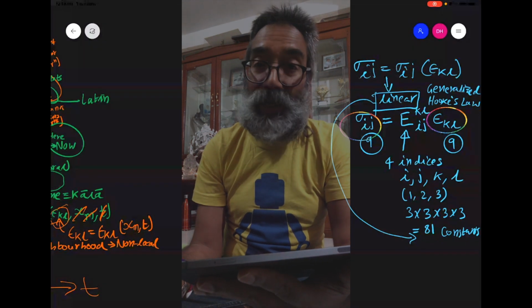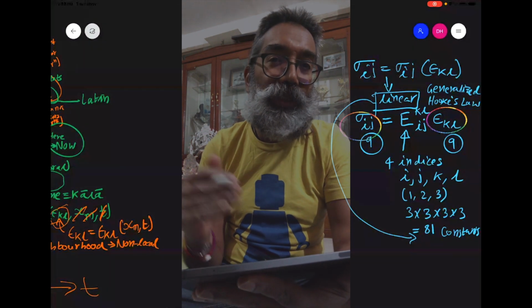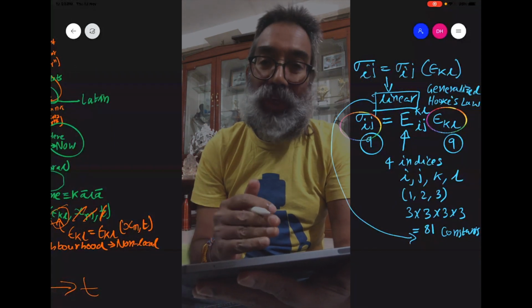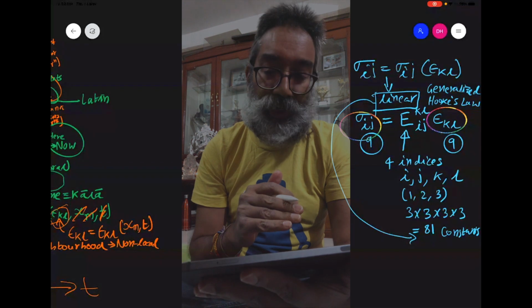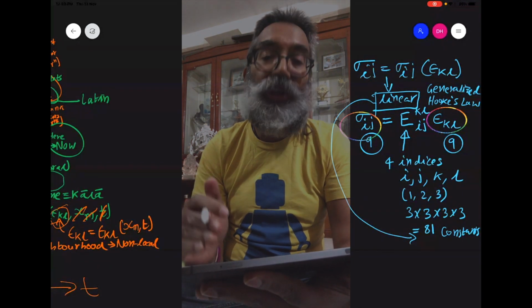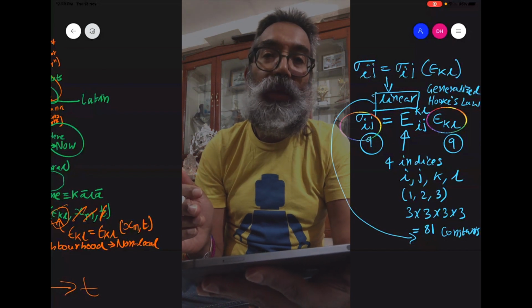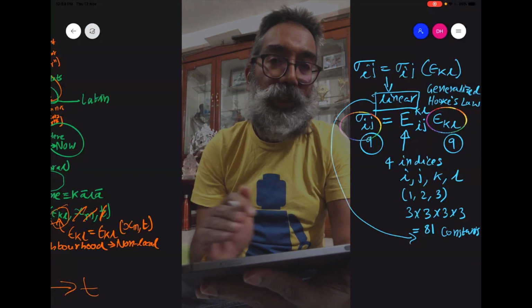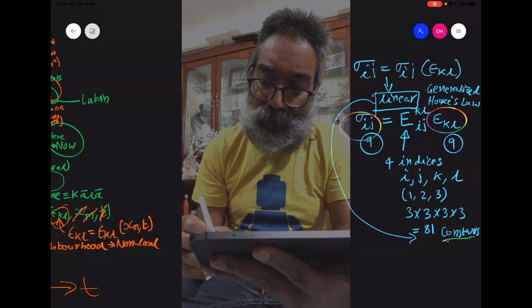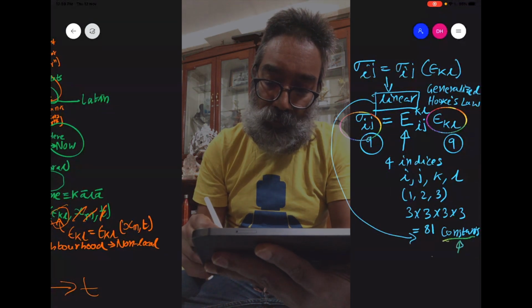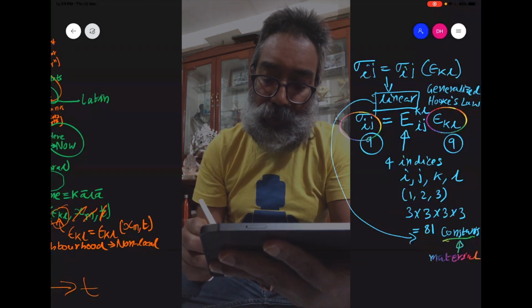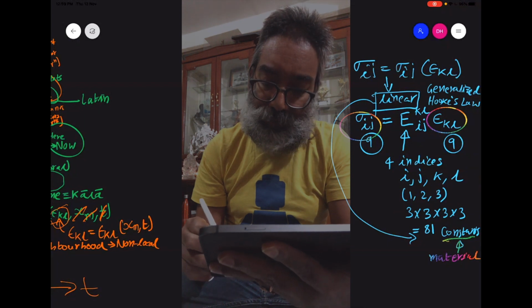Whereas in reality, as the strain starts picking up, the strain can affect the stress in a non-linear fashion, and therefore your E_ijkl can in general be functions of epsilon_kl, which is not something that we are considering over here. So that's what is meant by material linearity, that we are saying that these 81 parameters are constant.